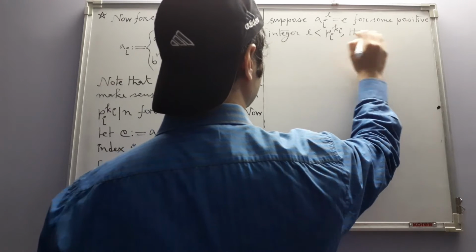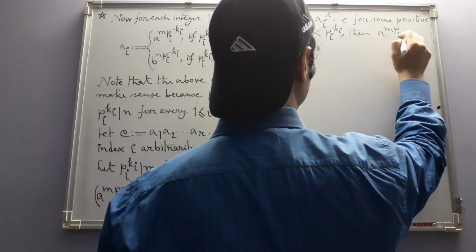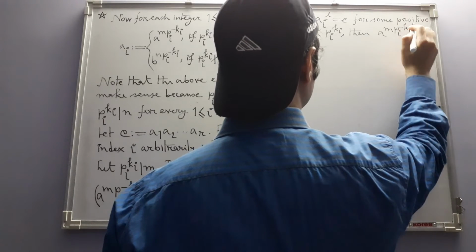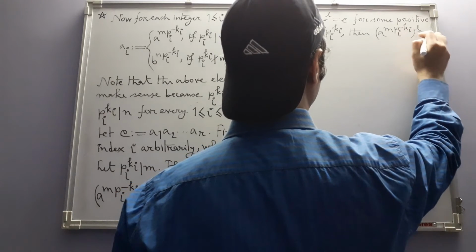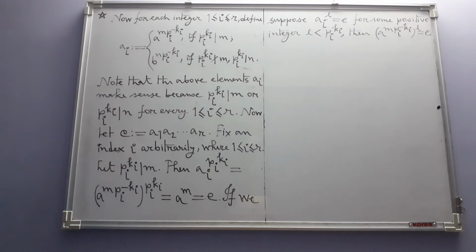Then a to the power m times p_i to the power minus k_i, whole to the power l, is equal to identity, because that's what a_i is, no?